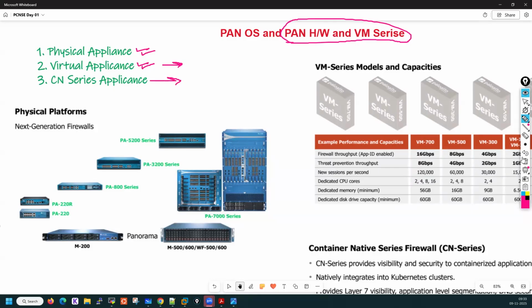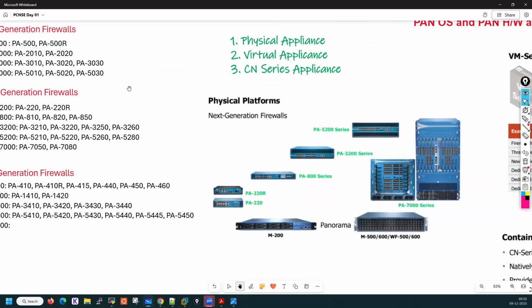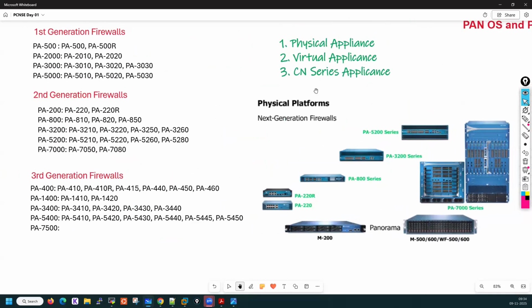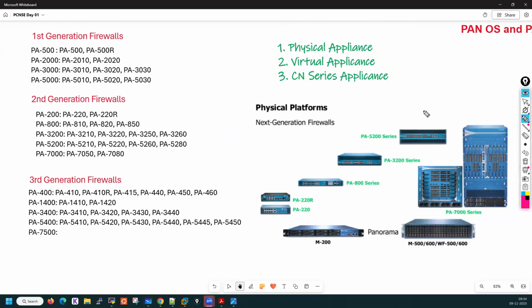Okay, so let's try to understand the hardware appliances. Guys, at least remember those names. You have to remember the names of second generation firewalls and third generation firewalls. First generation is okay. First generation firewall means when Palo Alto was introduced in 2005, those were the hardware appliances launched by Palo Alto. So they have a PA 500 series.